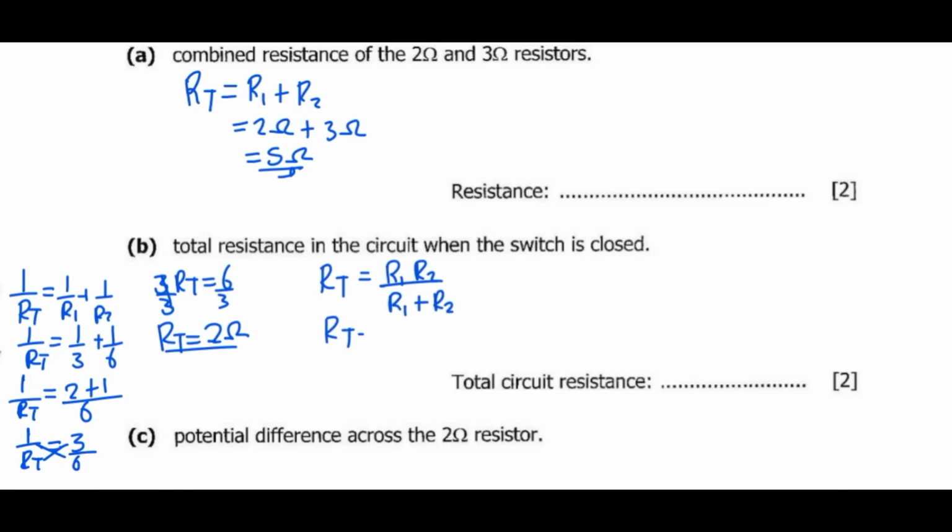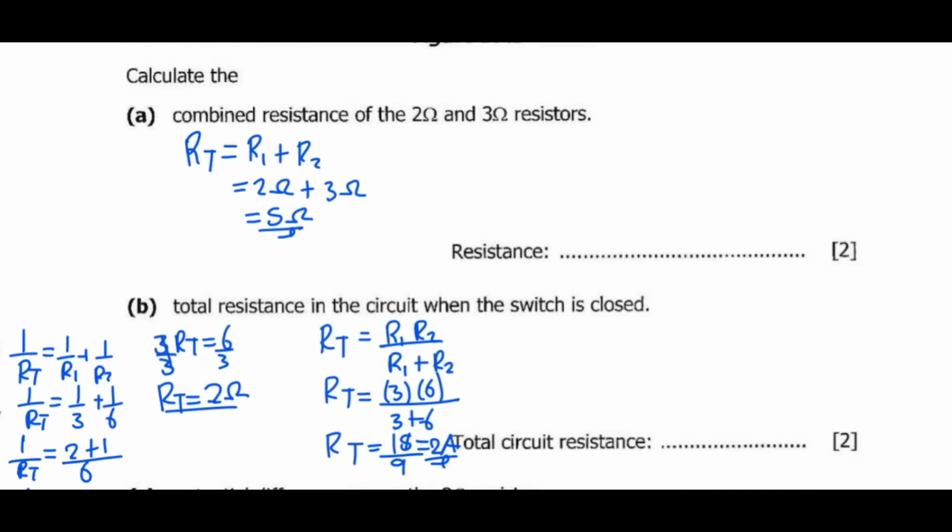So R1 is 3, R2 is 6, over 3 plus 6. 3 times 6 will give us 18, 3 plus 6 will give us 9. 9 into 18 we get 2 ohms.